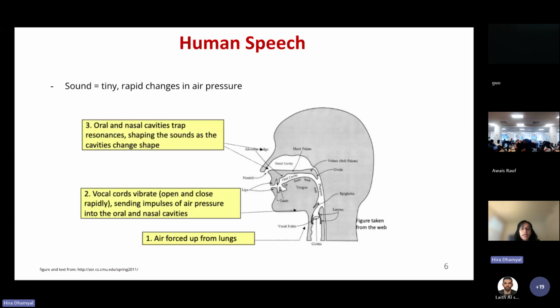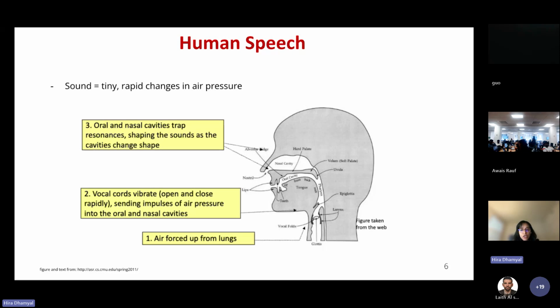But before we jump into that, I want to take a small detour into understanding what really is human speech. Speech is a sound wave. It is tiny, rapid changes in the air pressure. Looking at the diagram here, you can see how humans produce speech. When we expel air out of our lungs, it vibrates the vocal cords in our throat, which sends pulses through the air.